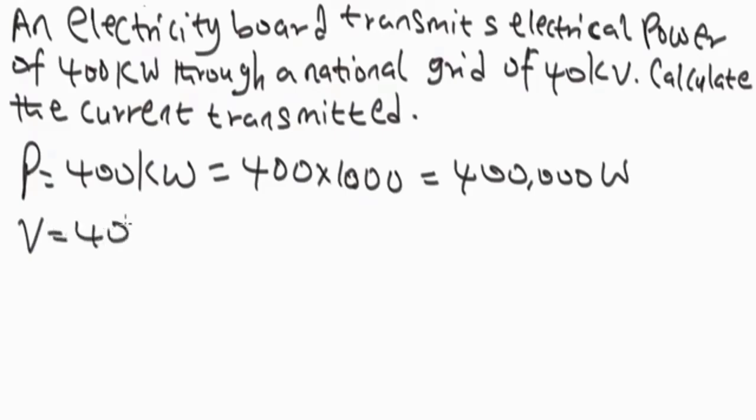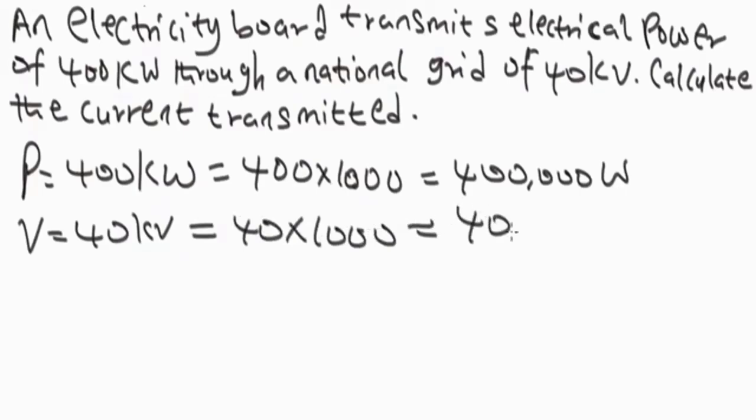Then we have the voltage to be 40 kV. To convert it to volts, you multiply this 40 kV by 1000, which will give us 40,000. And we're looking for current, which is unknown. To get current, we're going to apply the relation between current, voltage, and power.